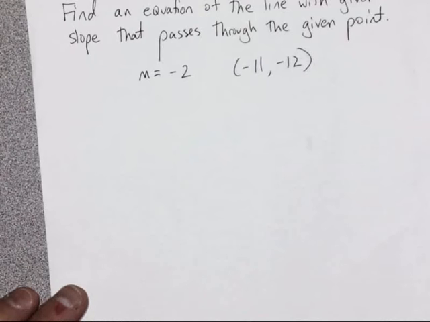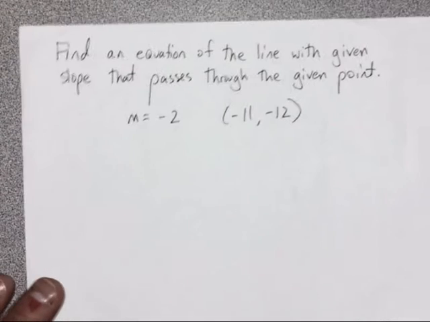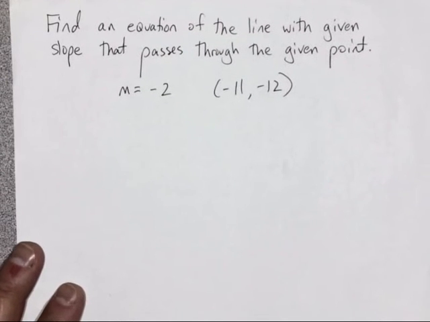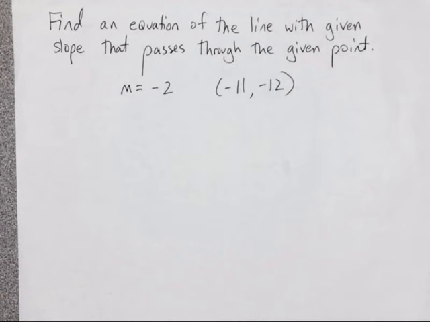All right. Another type of example here is writing an equation of a line given the slope and a point on the line. Okay, so I have a point that's on the line and I have the slope.